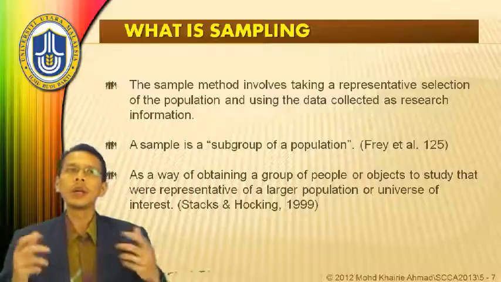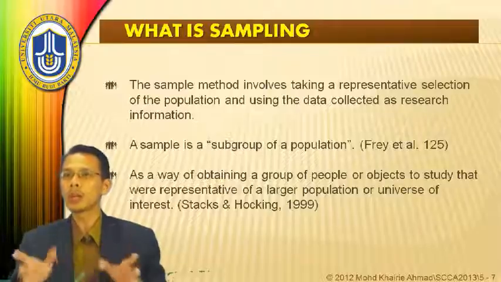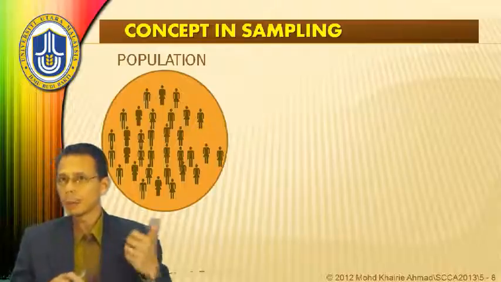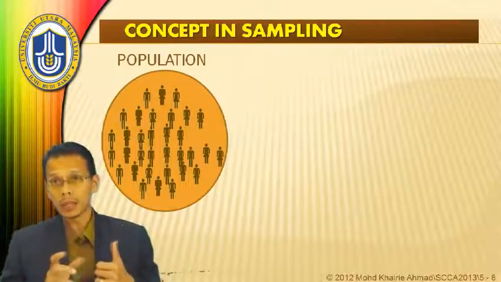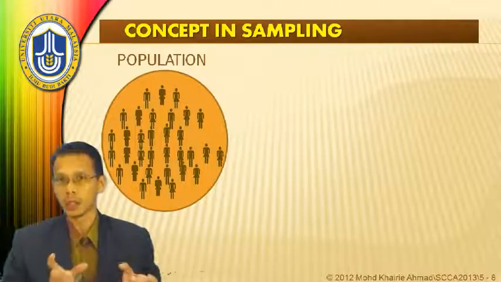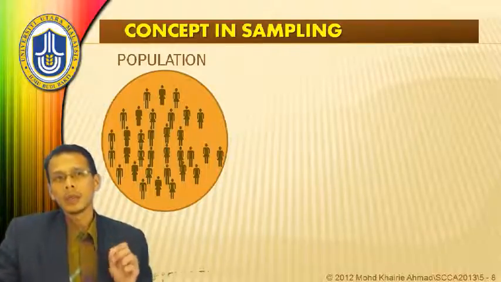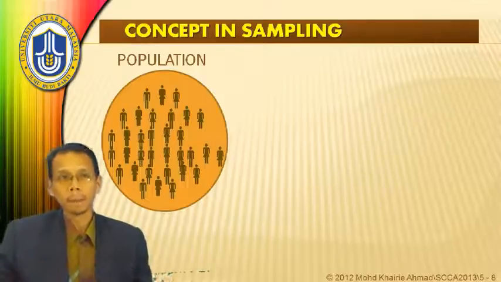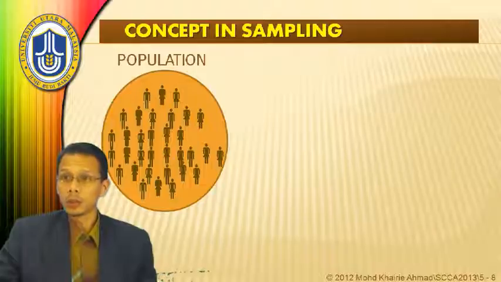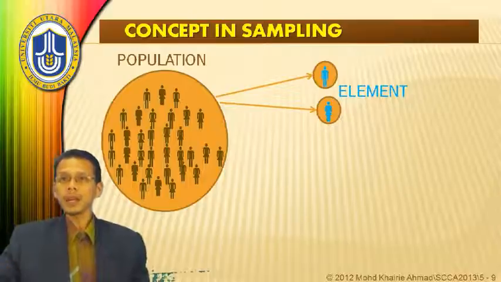Well, to help you understand and visualize, let's move to this slide. Remember, when we're talking about sampling, we're taking a group of people from a larger population. The population we can explain as a group of people, and every individual in the population, we call an element.